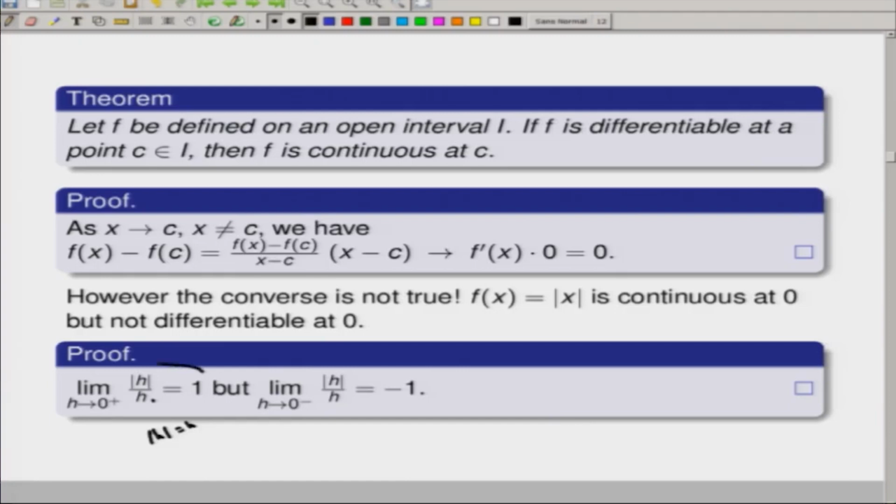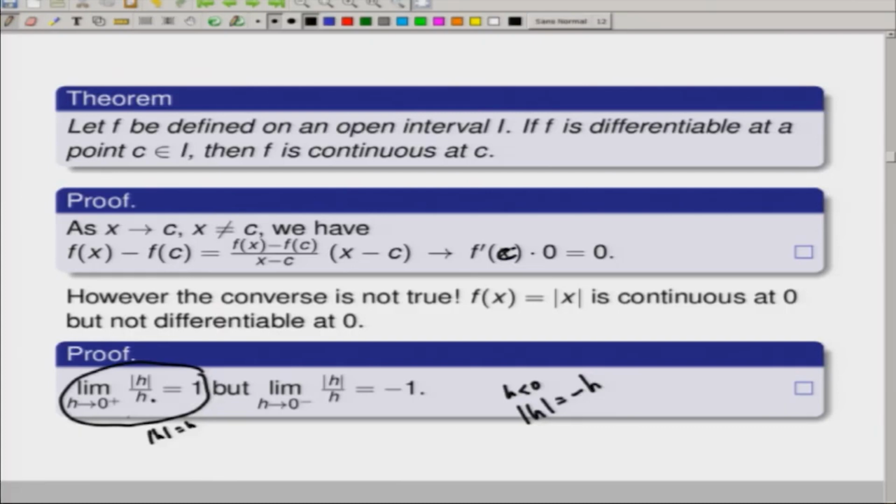So, as h goes to 0 plus, the right hand limit is 1, and for the left hand limit, when h is less than 0, mod h is going to be minus of h. So, this is minus of h divided by h, which is equal to minus 1.